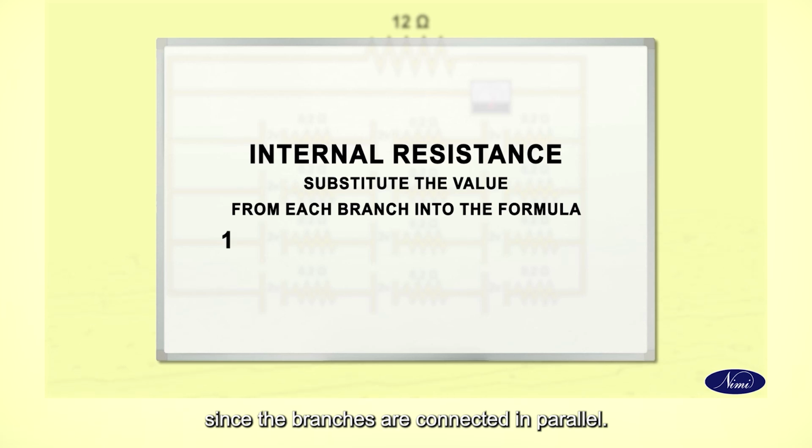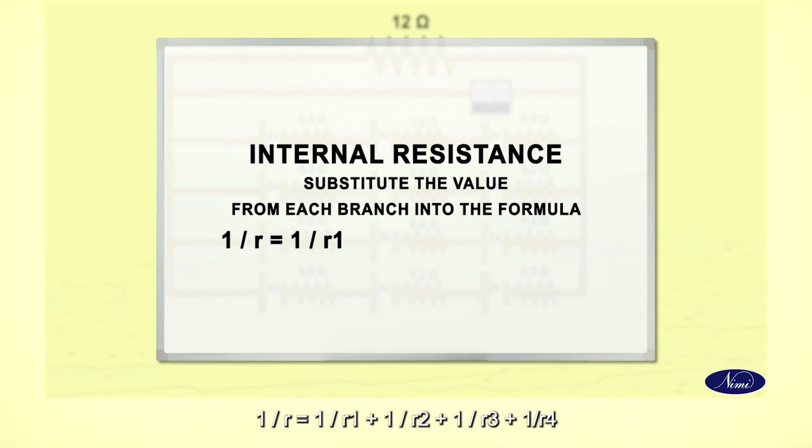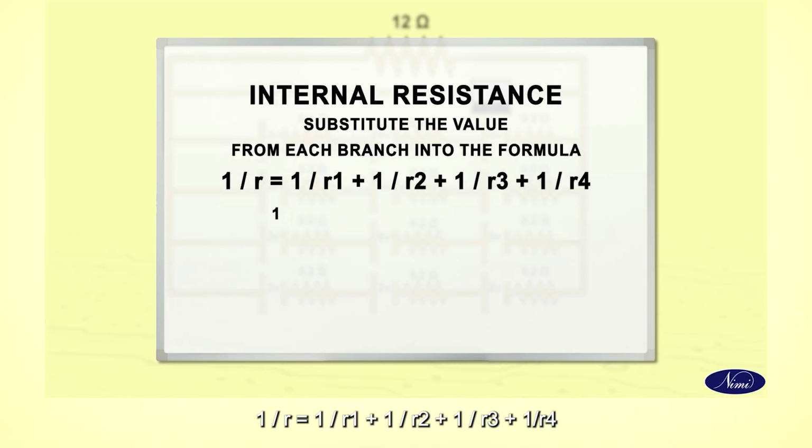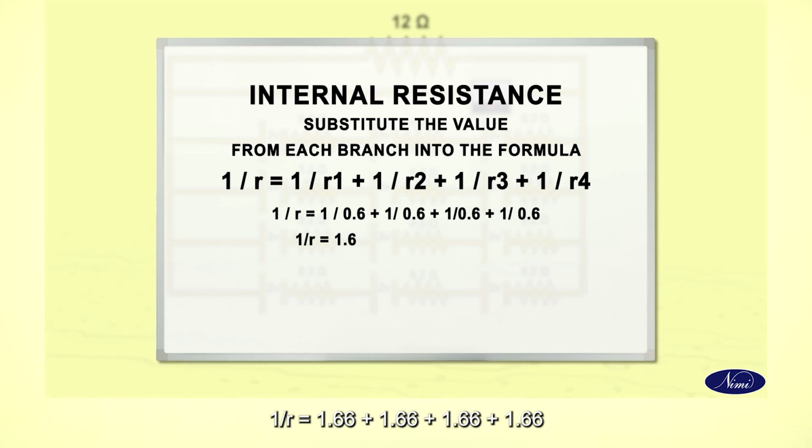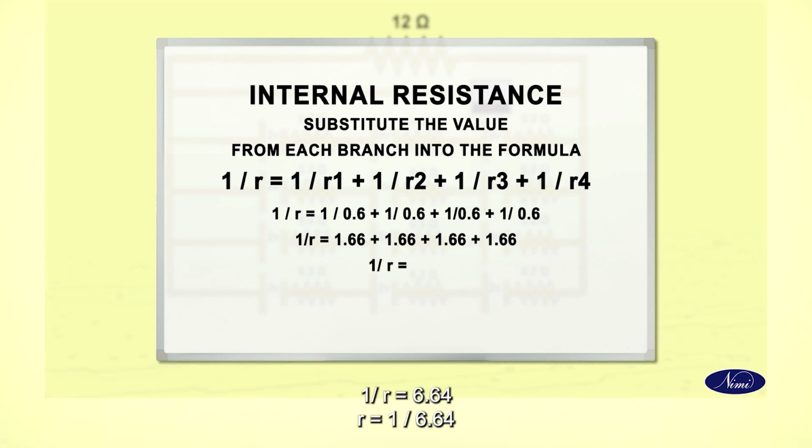1 upon R is equal to 1 upon R1 plus 1 upon R2 plus 1 upon R3 plus 1 upon R4. 1 upon R is equal to 1 upon 0.6 plus 1 upon 0.6 plus 1 upon 0.6 plus 1 upon 0.6. 1 upon R is equal to 1.66 plus 1.66 plus 1.66 plus 1.66. 1 upon R is equal to 6.64.